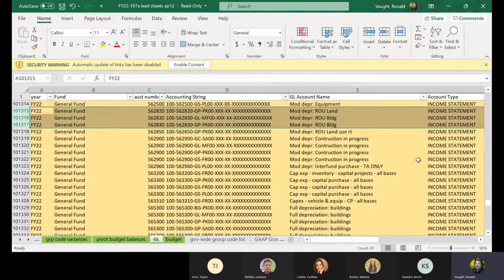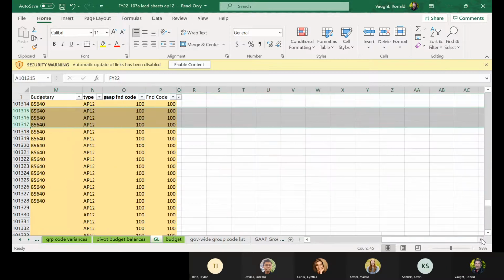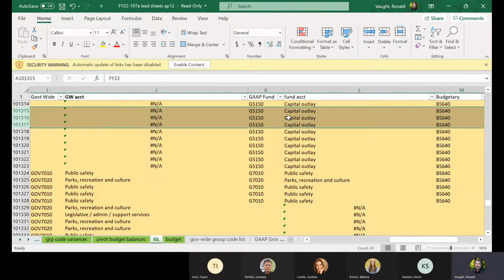These are our capital outlays accounts for the right of use assets for the leases. And they have both a GAAP group code and a budgetary group code.